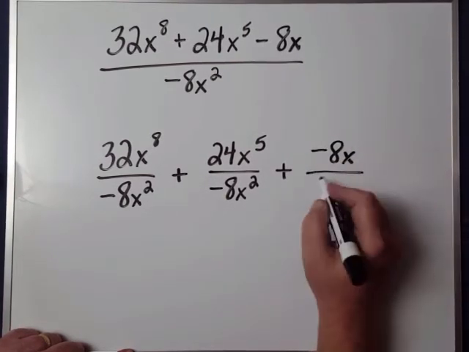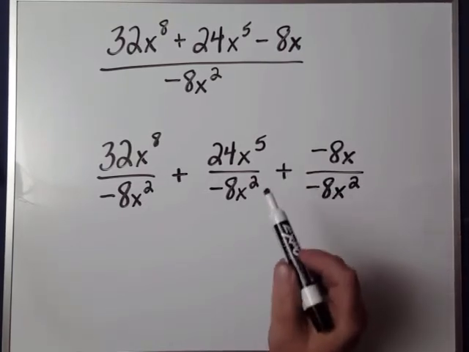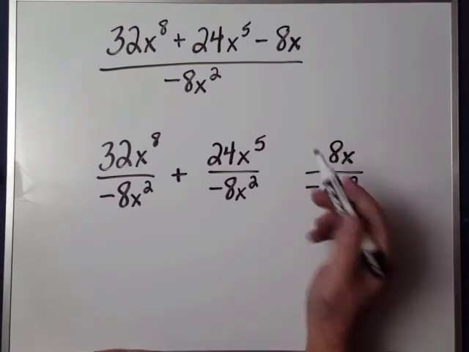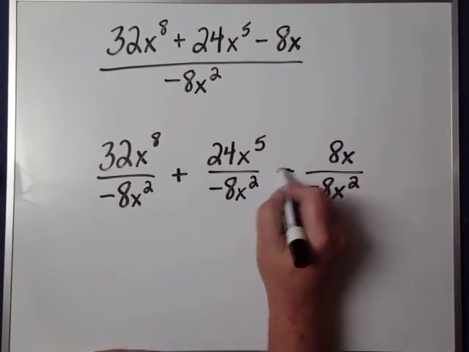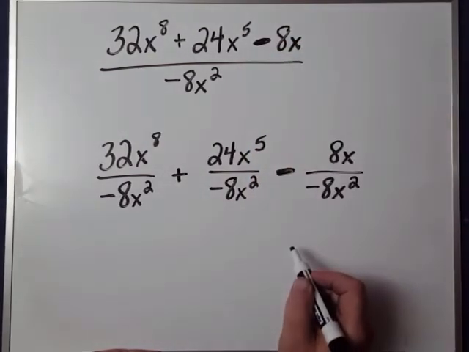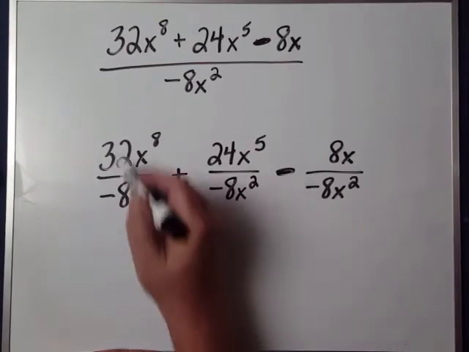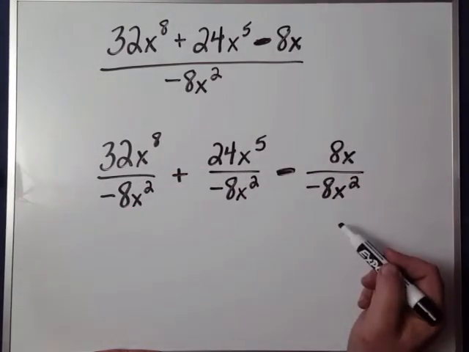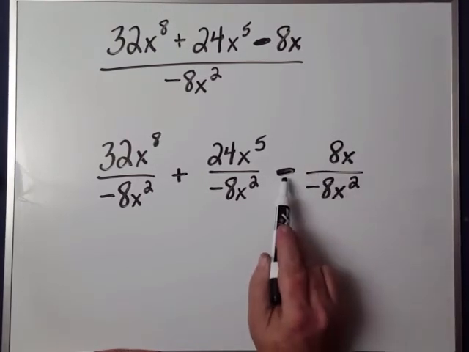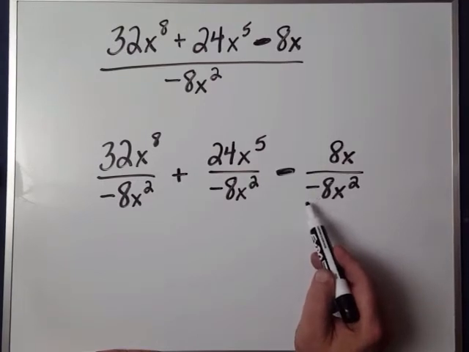I like to do this all in terms of addition and keep this negative with that 8x. And right here is the reason. I am more likely to make a mistake. I mean, there is nothing wrong with writing minus, letting this minus stand for this guy. Nothing wrong with putting that minus there. But I'm going to get in a hurry reducing these fractions. It might slip my mind that I've got a negative divided by a negative, which is going to be positive.